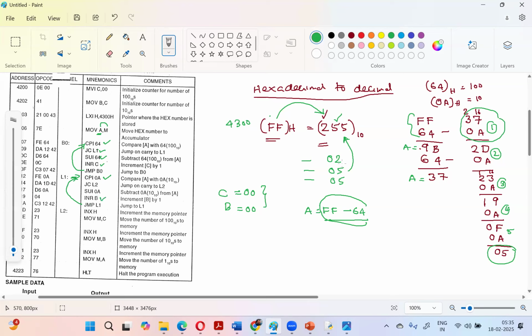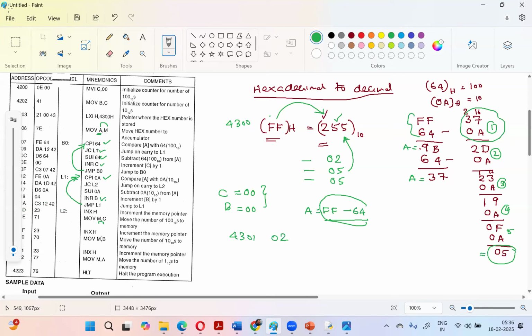So the C register has the hundreds digit, and the B register has the tens digit. After completing that, we have the remainder, which is the ones digit. Then INX H. Now C holds the hundreds digit, and we store it in 4301. We have the C content, which is 02.